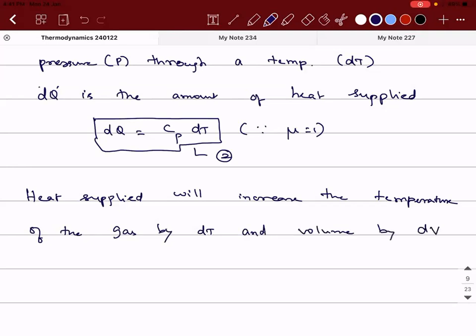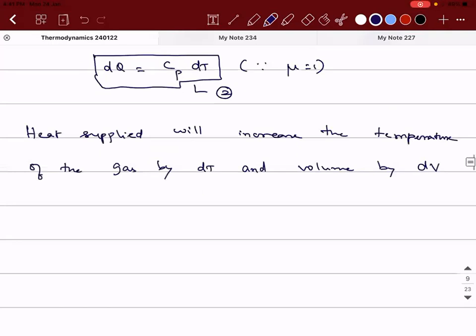Let us assume like this. So now, due to the increase in volume, the gas will perform some work.